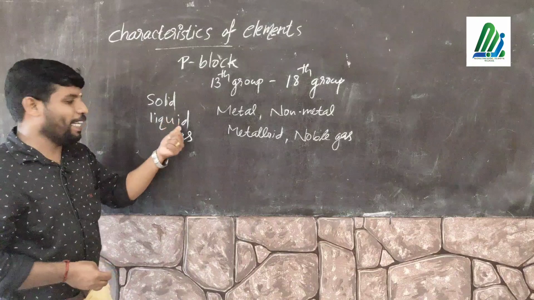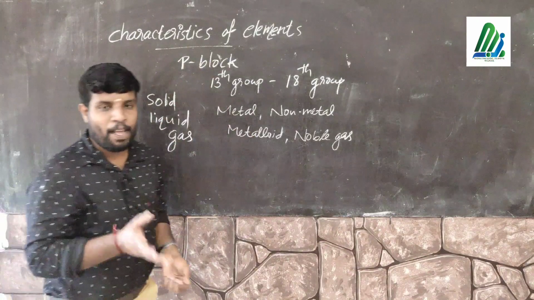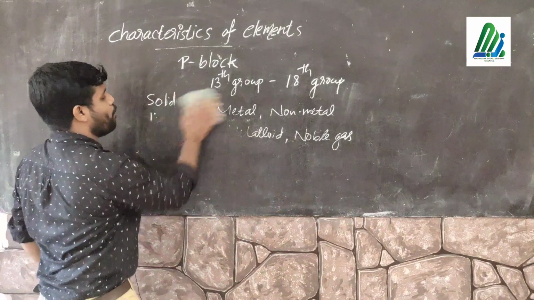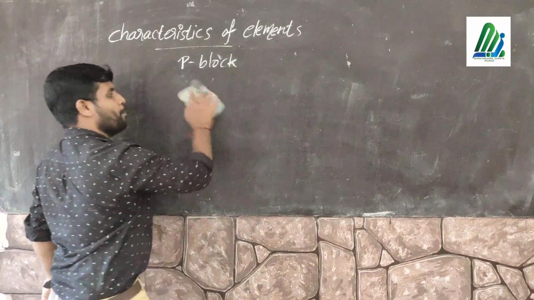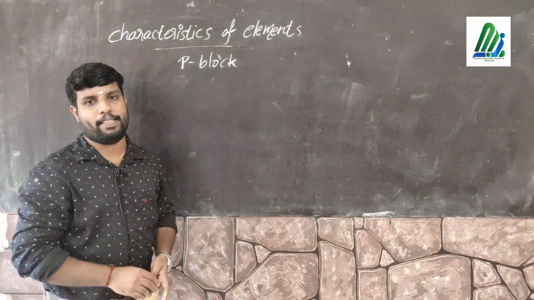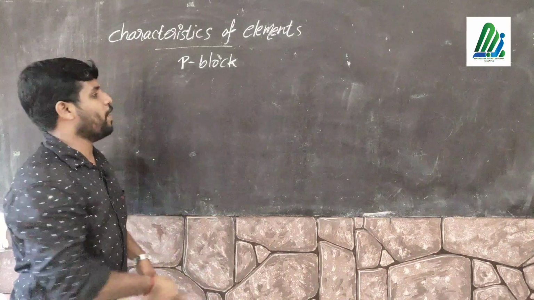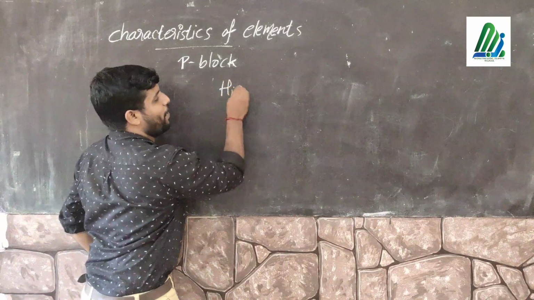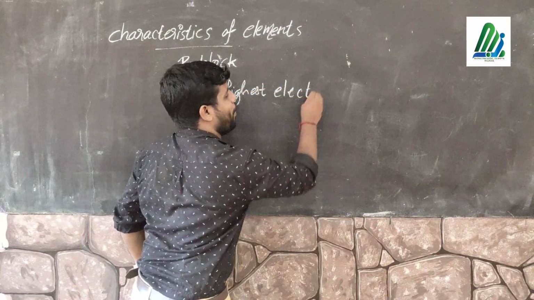So the two characteristics: the P block includes metals, non-metals, metalloids and noble gases, and solid, liquid and gaseous elements are present in the P block. And also the element with the highest electronegativity.